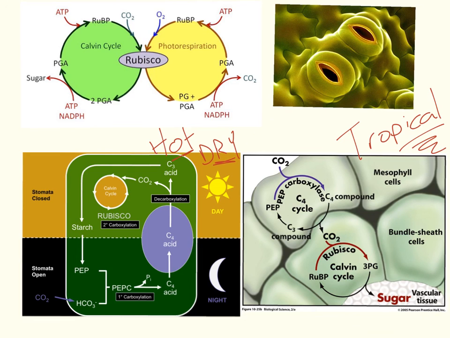So this is key, that you think about the evolution, that plants have evolved to their different environments to survive, and that these enzymes evolved a long time ago. They're very conserved. Probably one of the most important enzymes on the whole planet is rubisco. And it evolved a long time ago when conditions were very different.